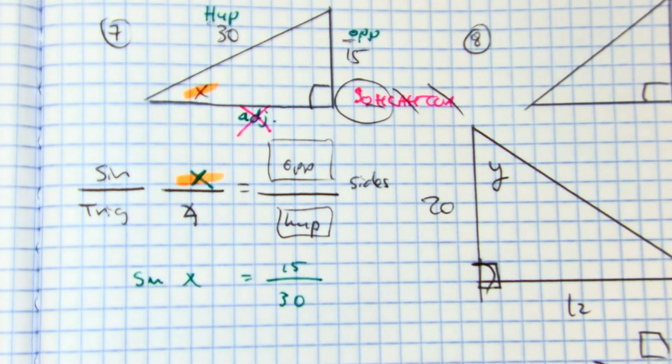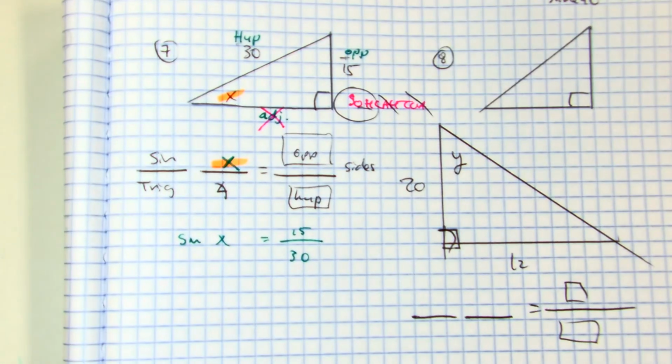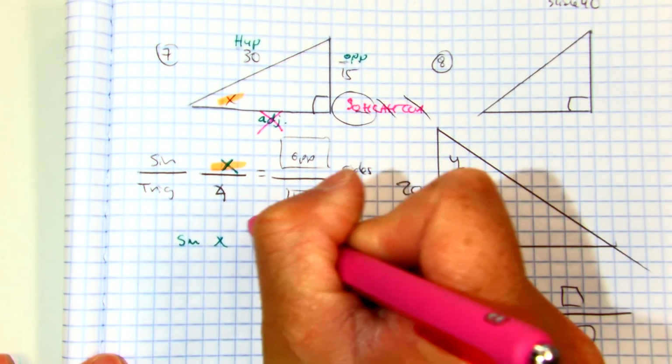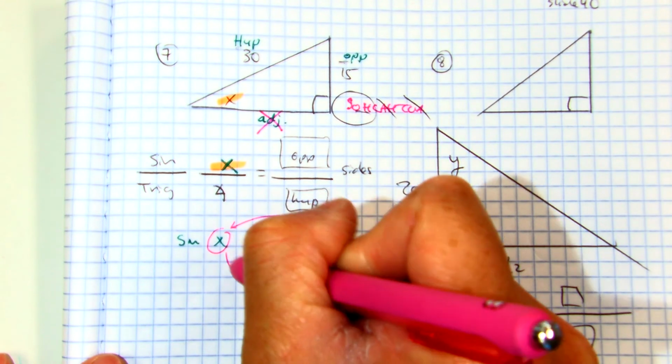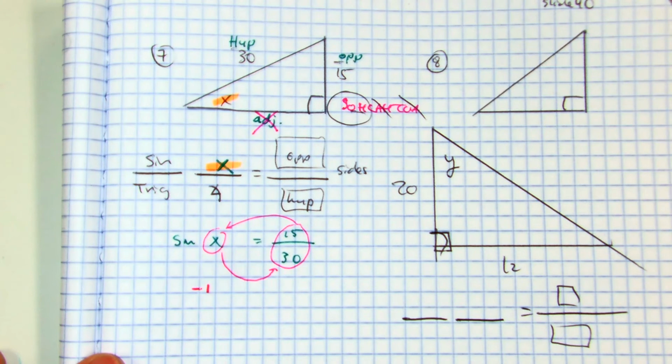Tell them why. Brian, which one are we doing? Why are we taking the inverse, Brian? Yeah, that was yesterday's lesson. Because you're finding an angle, that's when you take the inverse.